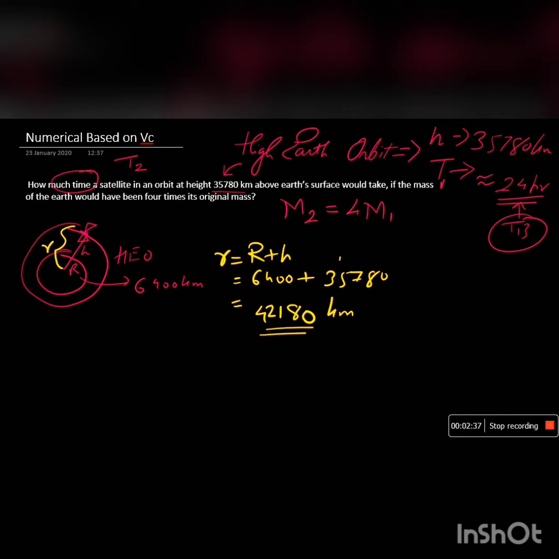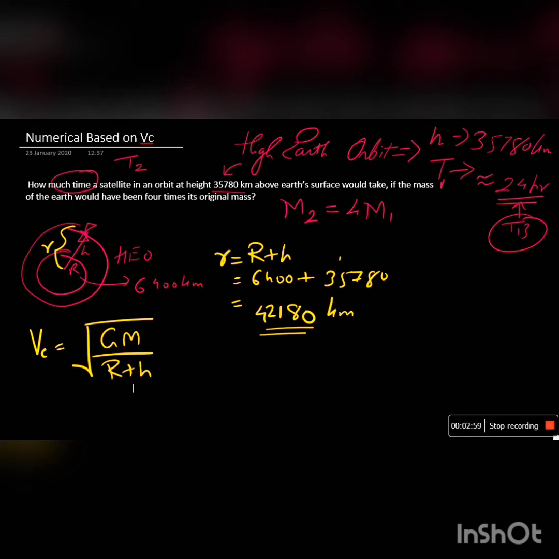Right? Okay, so let's solve this. What is the formula for critical velocity? Critical velocity's formula is square root of GM upon r plus h, right?